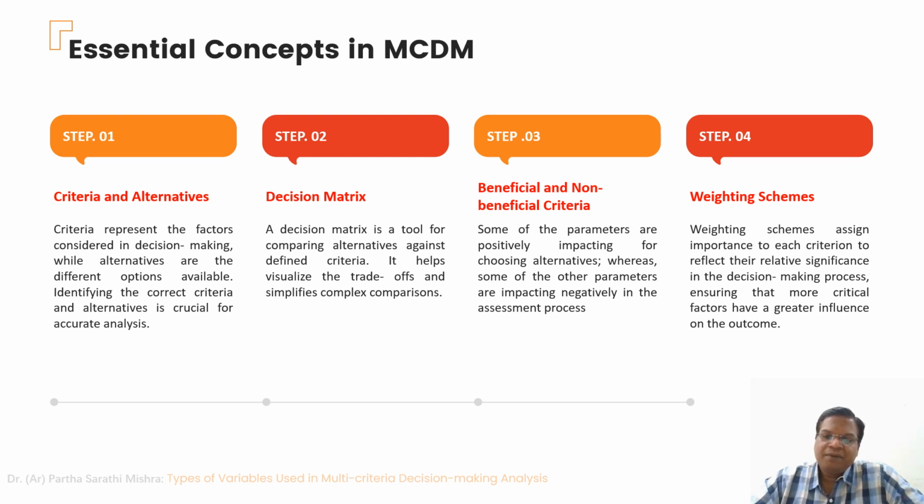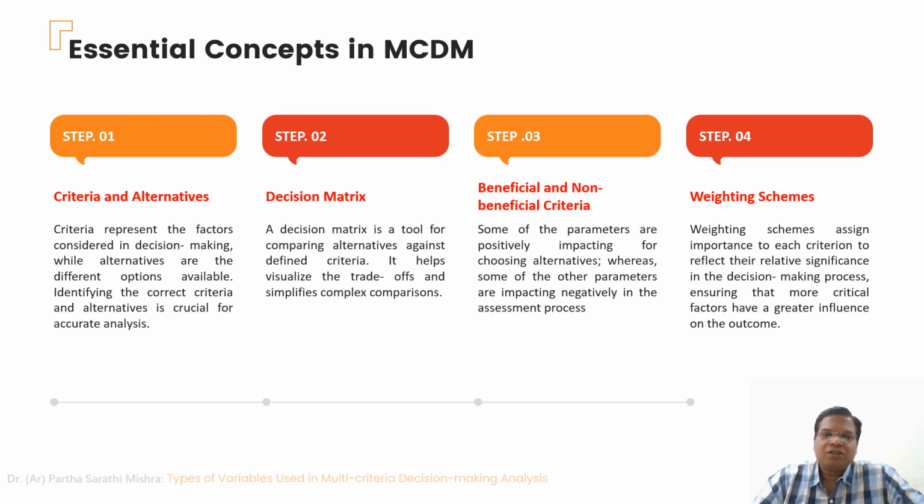If the purification level is high, then we can say it is beneficial for us. Whereas for the water pollution level, if the values are high, then it is not beneficial for us. That's why water purification level is a beneficial criterion, whereas water pollution level is a non-beneficial criterion.